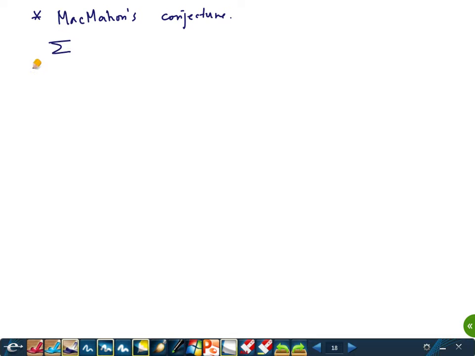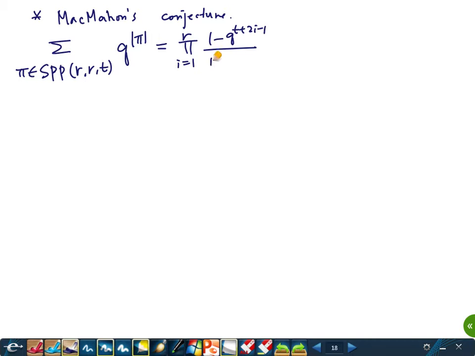So it is a conjecture like this. For symmetric plane partitions, we have the sum over pi of q to the size of pi equals a nice product like this. This can also be proved using Schur functions and determinants.